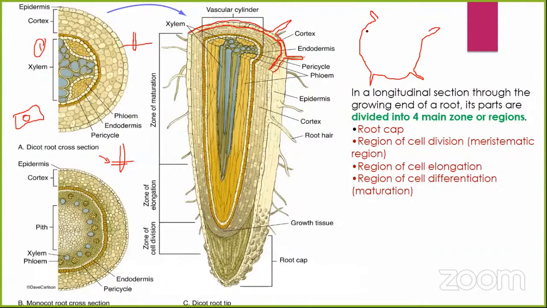So that's why I'm drawing the inner part like that. And then there's no way I can draw this cortex, so you don't need to draw this. I draw the endodermis. And then I draw the pericycle, this white layer.